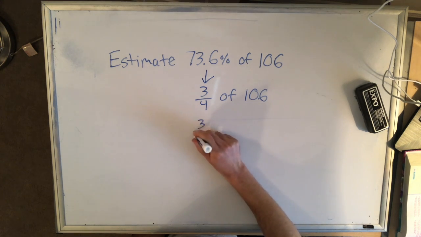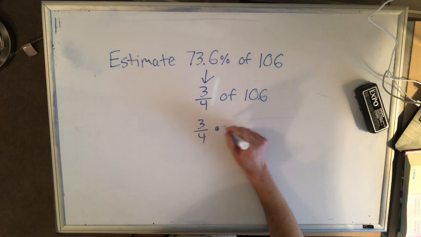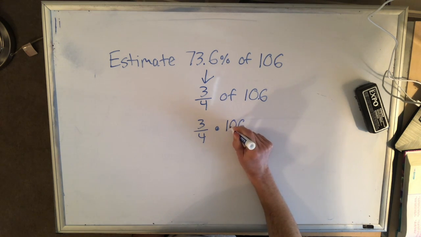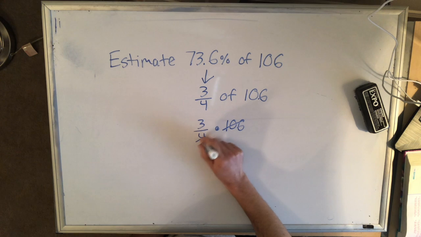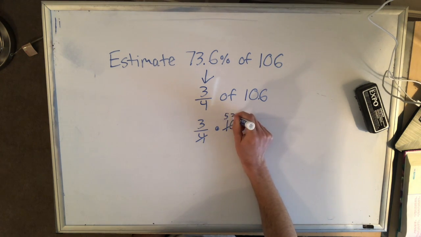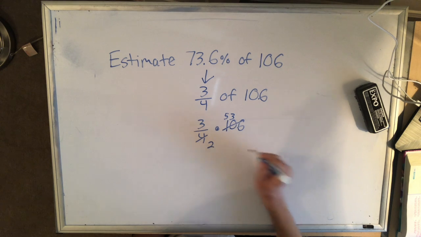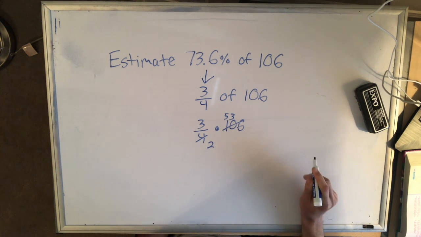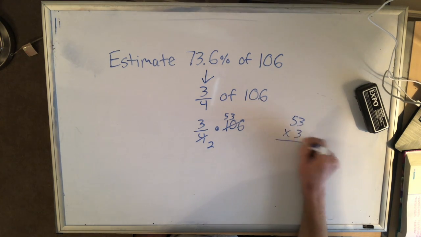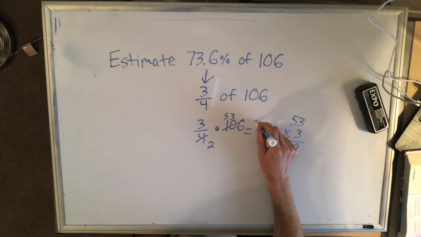Of before numbers is multiplication, so this is 3/4 times 106. We can cancel out 106 on top with 4 on the bottom when multiplying, because each of those can be divided by 2 to get 53 and 2. 3 times 53 is 159. So that's 159 over 2.